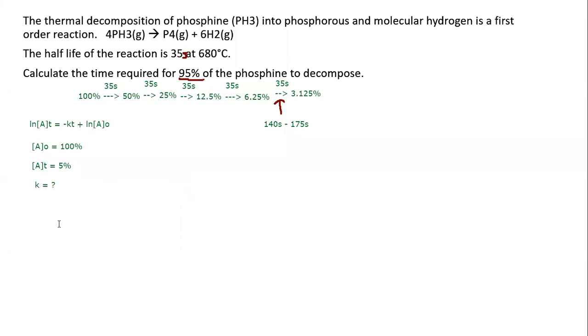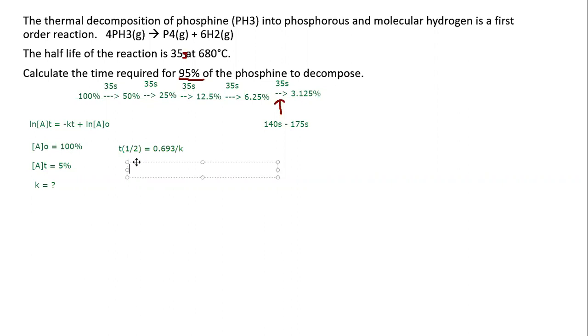For k, we have to use the half-life to determine k. If we think about what we saw on the last slide, t one-half equals 0.693 divided by k. So if we know the half-life, we can find k.